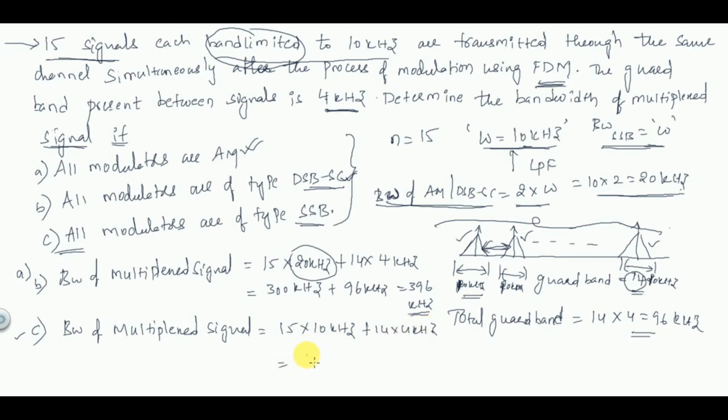So 150 plus the guard bands, which gives the total in kilohertz. Okay, so this is how we can find the bandwidth of the multiplexed signal.